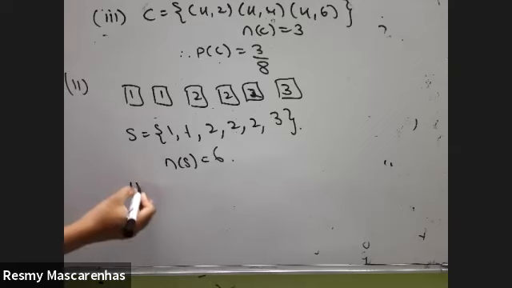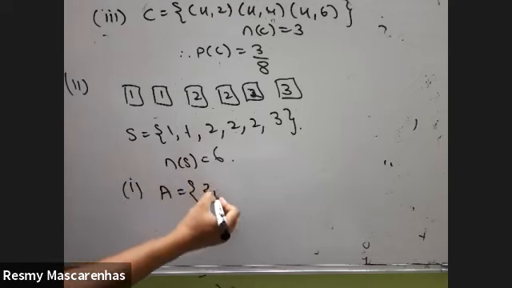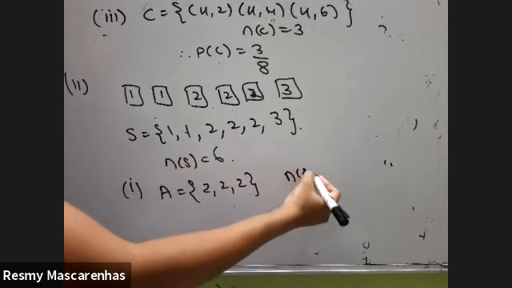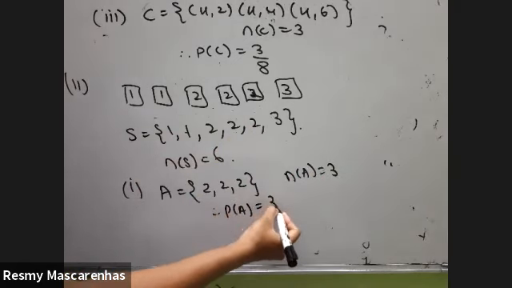Now the first option is: what are the chances of having 2 as the number? How many numbers are there? That is 3. So P of A will be 3 out of total 6.